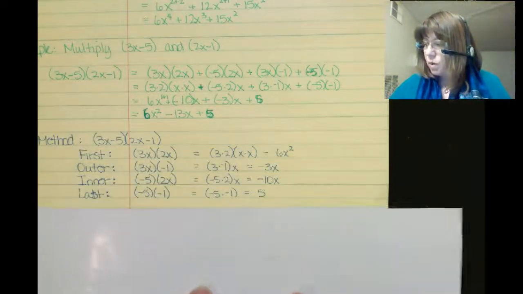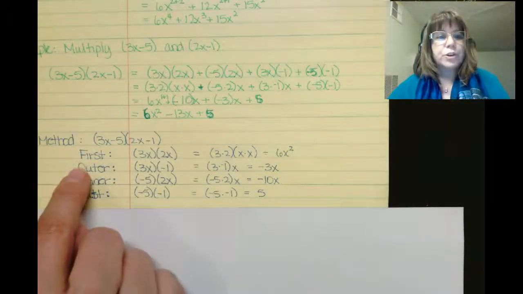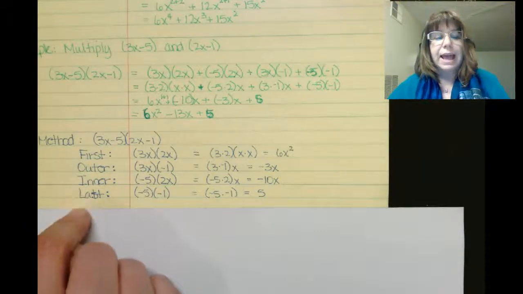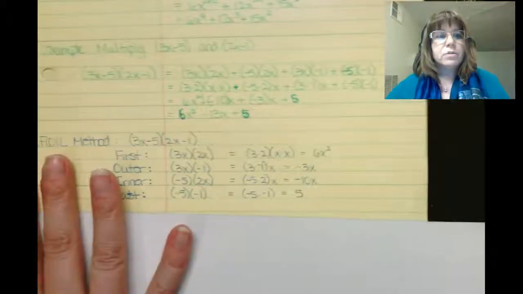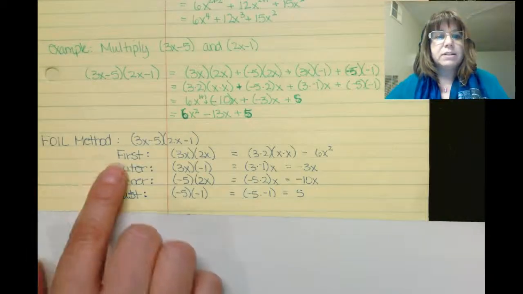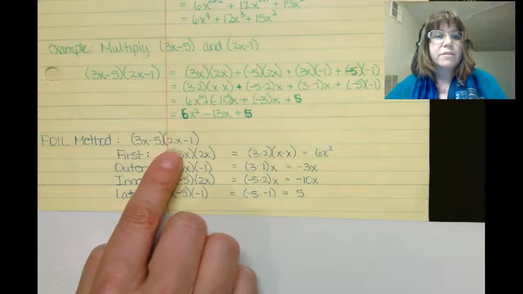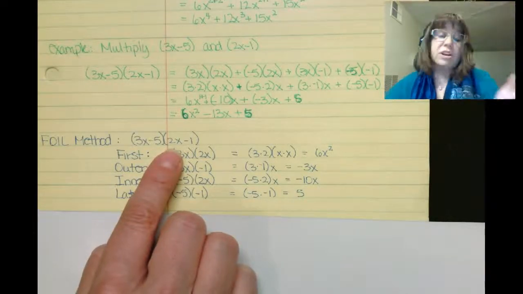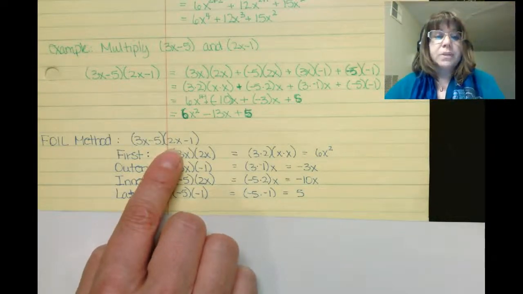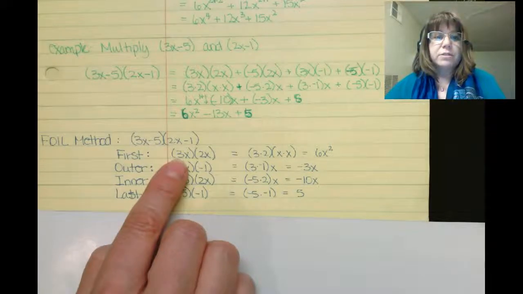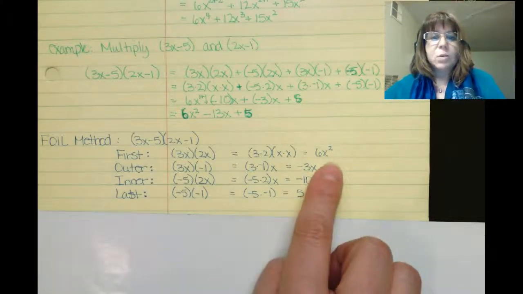FOIL stands for first, outer, inner, last. So what we do is take the first terms of each of the binomials, or each of the polynomials, and I multiply them together. So that would be my 6x squared.